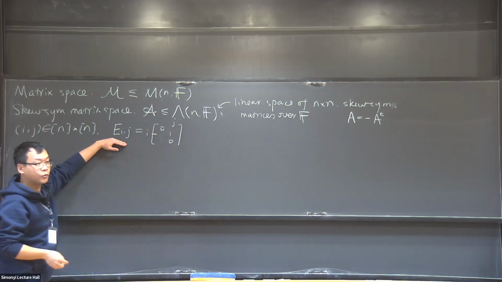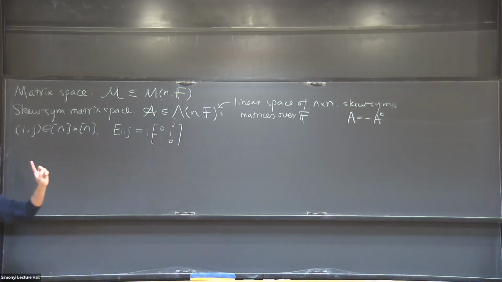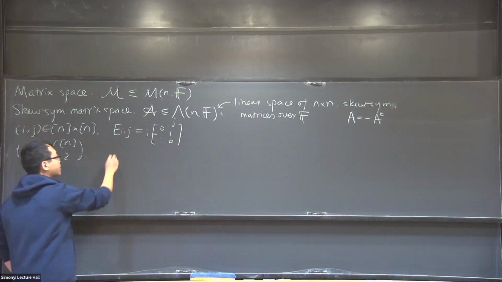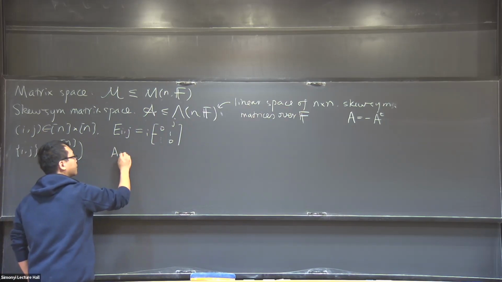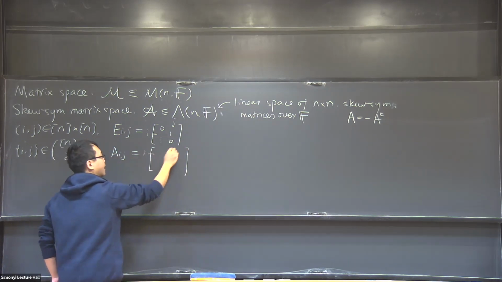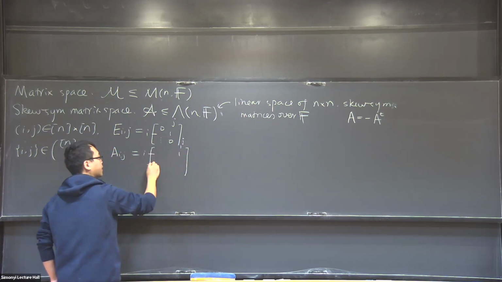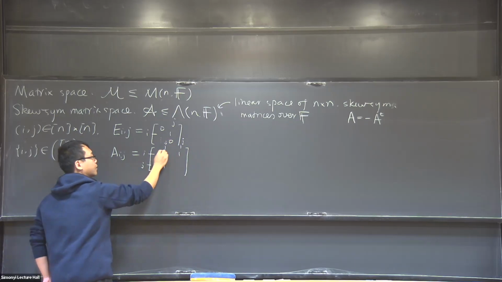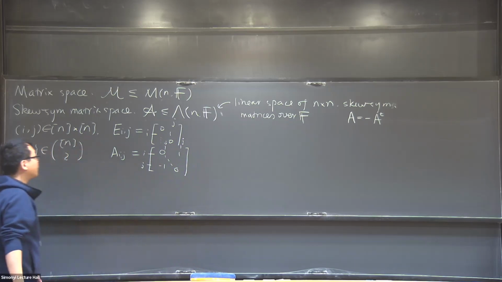So this is the elementary matrix with just one entry being 1, the others being 0. If you have an edge in the graph setting, then you can build the so-called elementary skew symmetric matrix H_ij, which is the skew symmetric matrix with the ij position being 1 and the ji position being -1, the rest being 0.